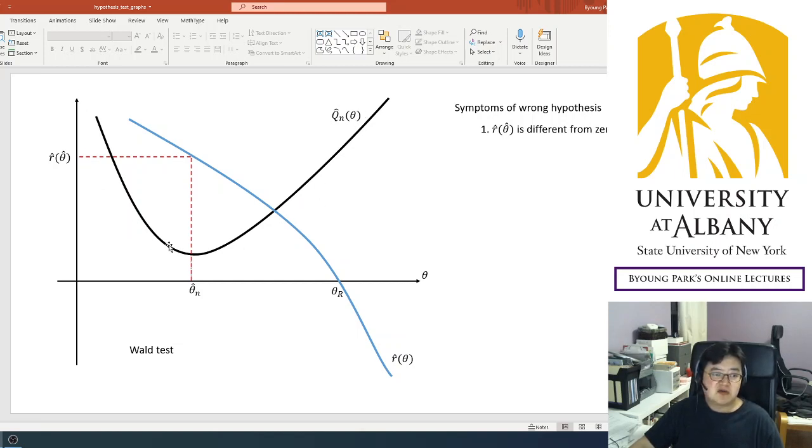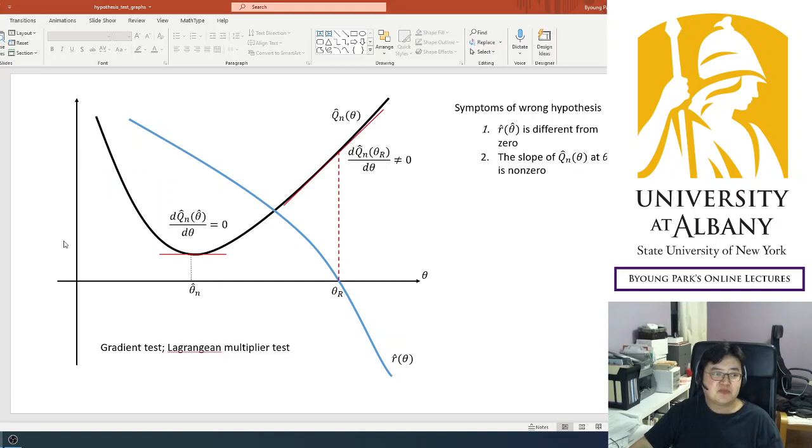So you minimize the criterion function, obtain theta hat, and then evaluate the restriction function at that point. The value is r hat, which is different from 0 here. If this is different from 0, then you have to reject the null hypothesis, because the restriction function is not 0 at this point. This is the first approach, using the Wald test.